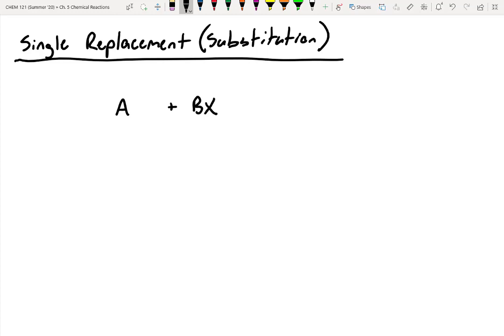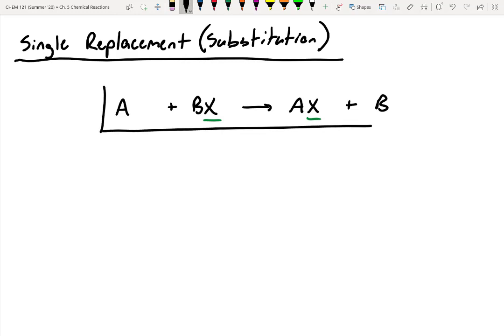Really, what's going to happen is this X is going to get handed off, meaning it's no longer going to be paired with the B. Instead, it's going to get handed off to A. So we'd form AX plus B. It's kind of like passing a baton from one molecule to another molecule. That's the best way of describing a single replacement reaction.